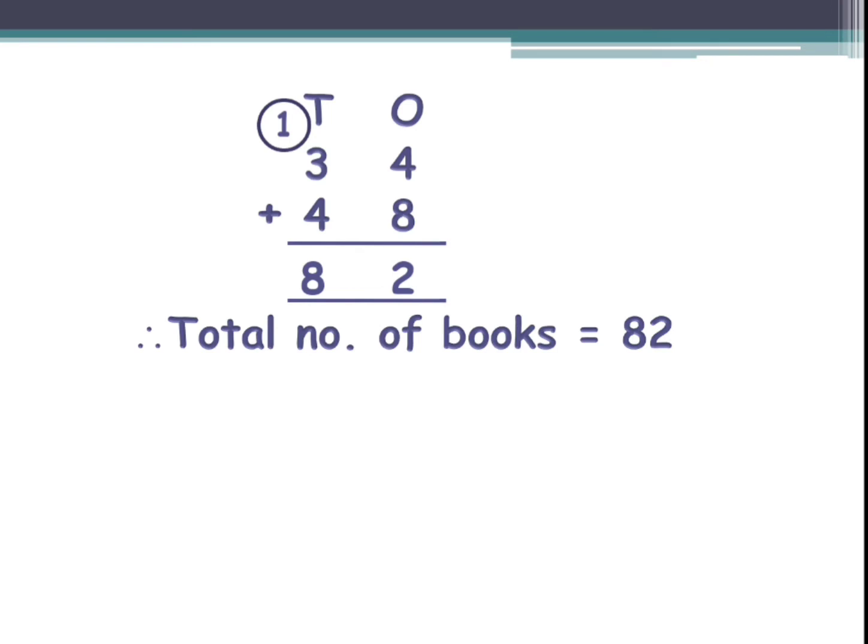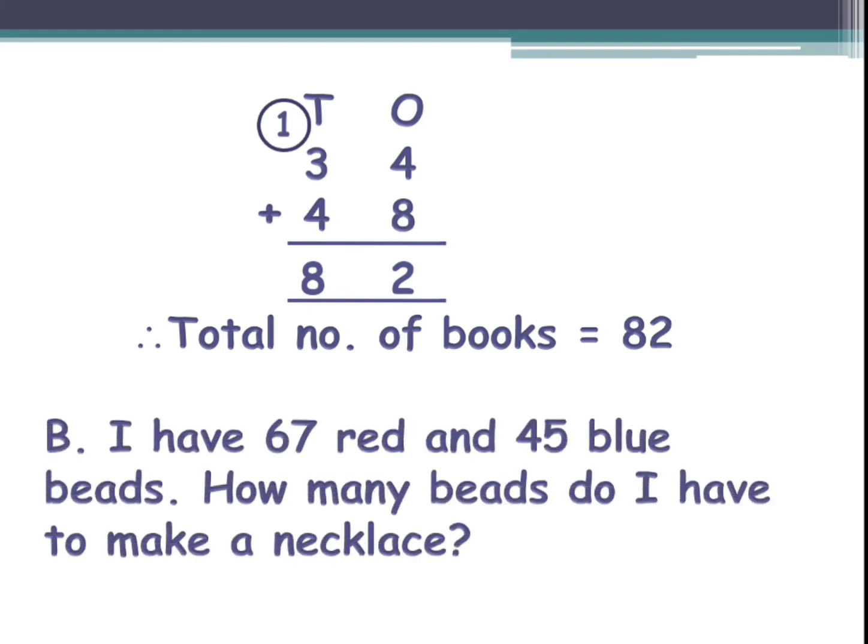Okay, children. So in this way, you need to solve the problems. Yes, let's see another question. I have 67 red and 45 blue beads. How many beads do I have to make a necklace? You have to find out how many total beads you have.